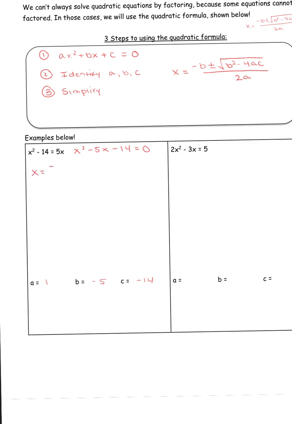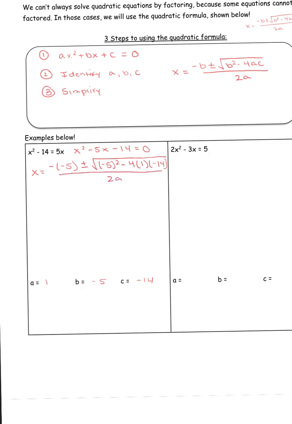Since our b is already negative in the formula, we have to keep that negative sign with the 5. Then we have plus or minus the square root. Again, our b is negative 5, so we have negative 5 squared minus 4 times 1 times negative 14. And that's all divided by 2.